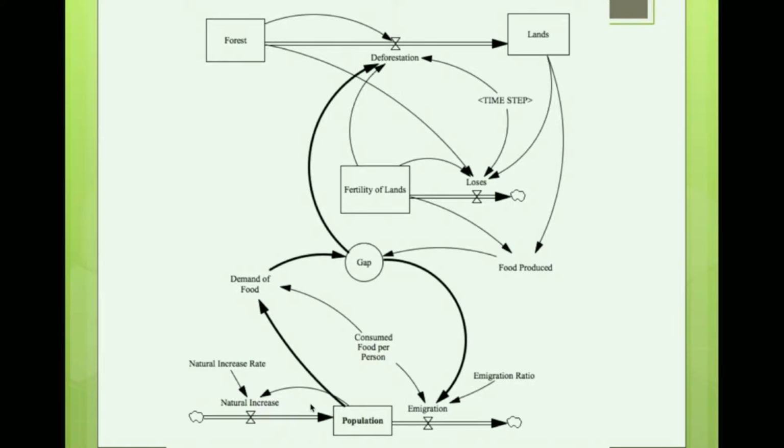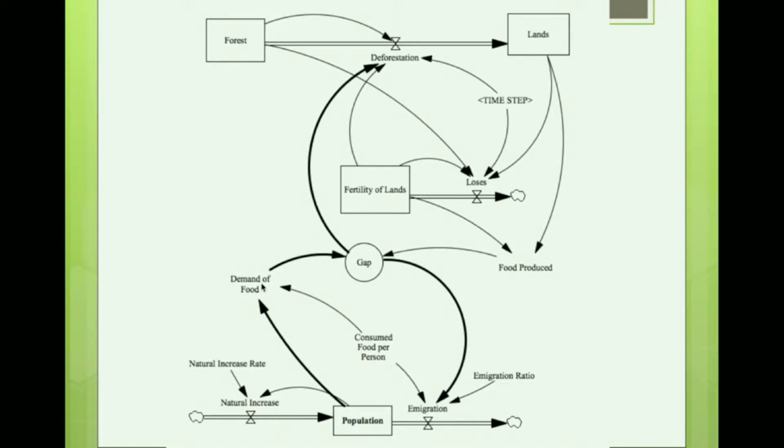I could have just put another arrow going out for deaths, and that would have been fine. It's just a matter of simplifying the model and trying to differentiate your births and deaths from actual migration. So population is driven by food consumption, and the population creates a demand for food.